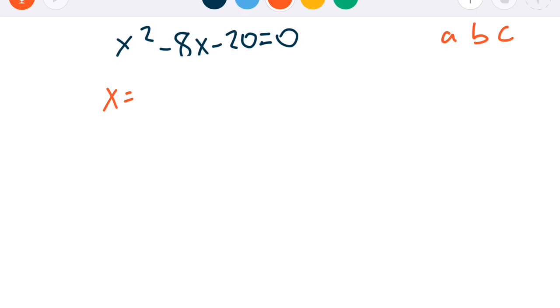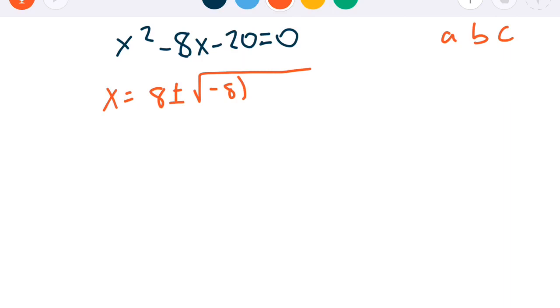Alright, so the first step, we're just going to plug in all the numbers for the letters. So x equals negative b. If you notice, b is already negative. So if we have negative b, that's a negative of negative 8, so that would be positive 8 plus or minus the square root of b squared. Remember, when you're plugging in numbers in for variables, they should be in parentheses.